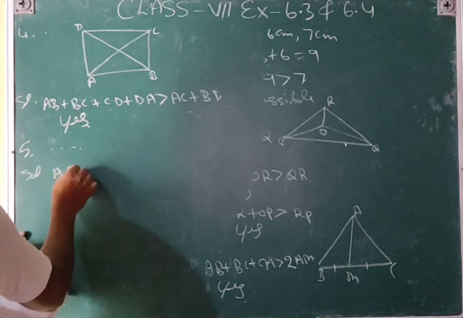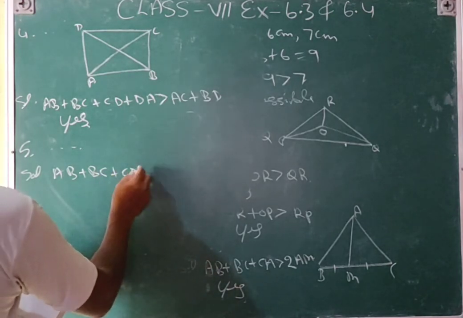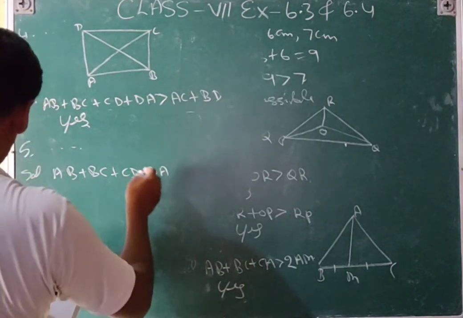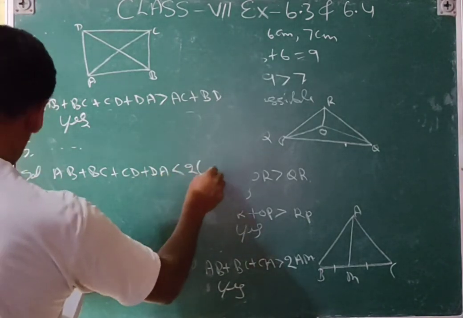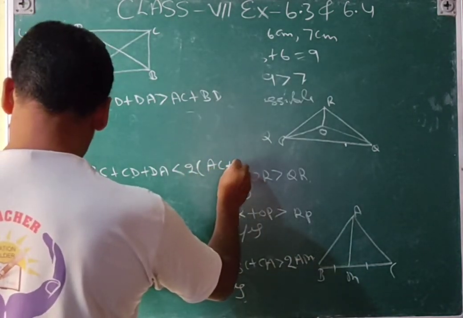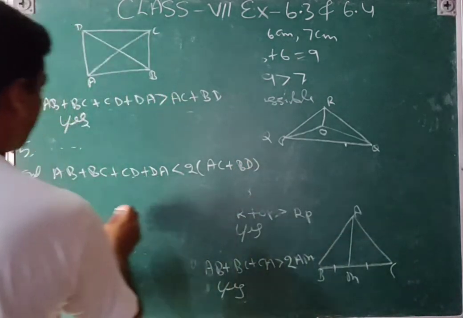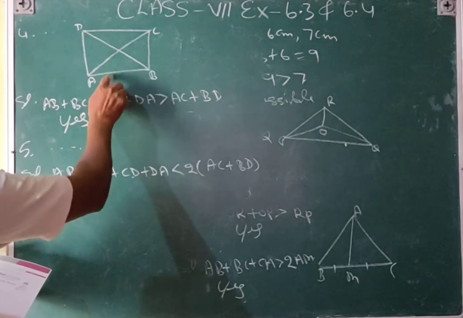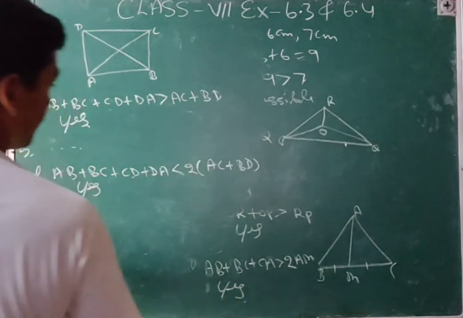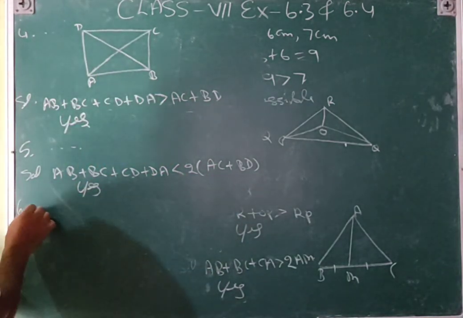AB plus BC plus CD plus DA is smaller than 2 AC plus BD. That will also be yes, because you can see the diagram. Here AC is only one time, here it is two times. So this one is greater than this one.